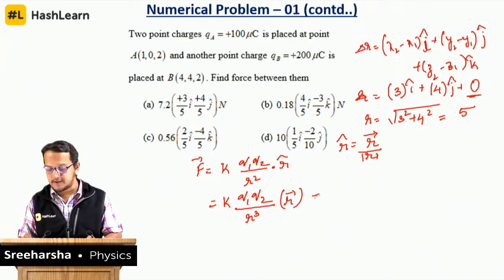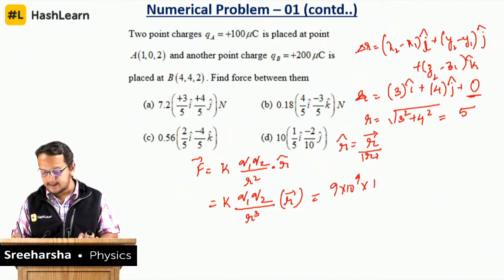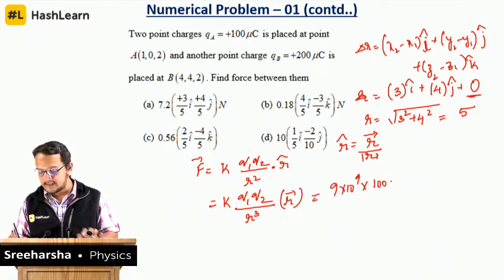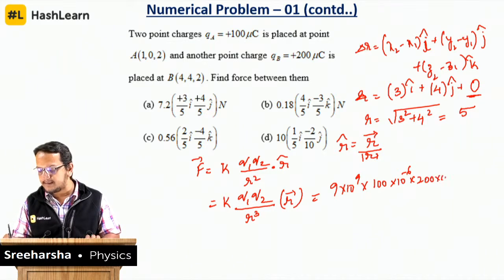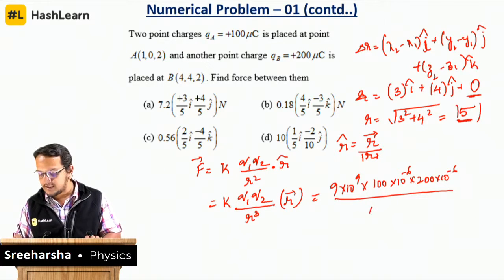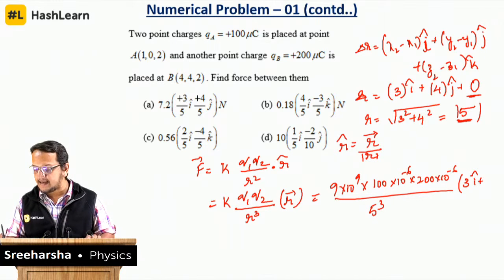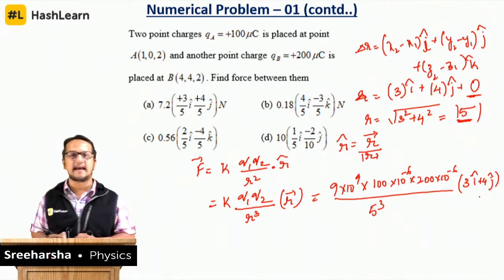Understood? So now if you substitute the values, 9 into 10 power 9 is your constant k, and q1 is 100 and q2 is 100, sorry, into 10 power minus 6, and this is 200 into 10 power minus 6, divided by the magnitude, which is how much? 5, that is 5 cube, times 3 times i cap plus 4 times j cap.